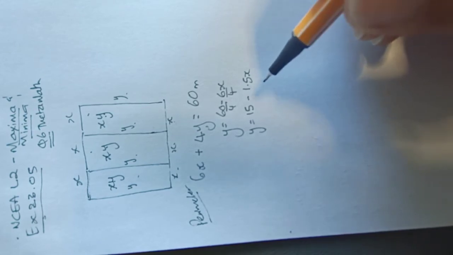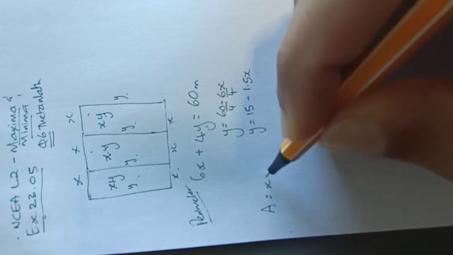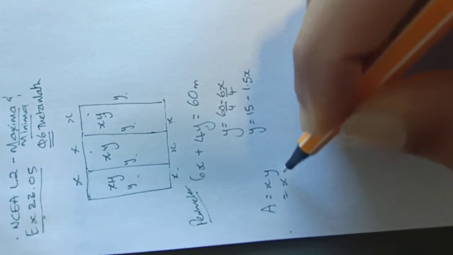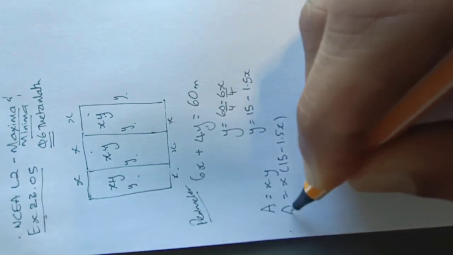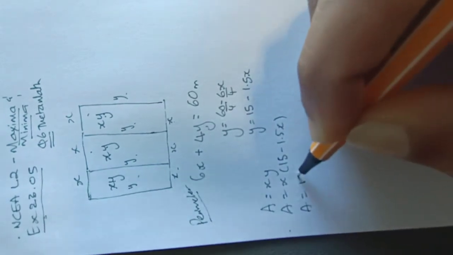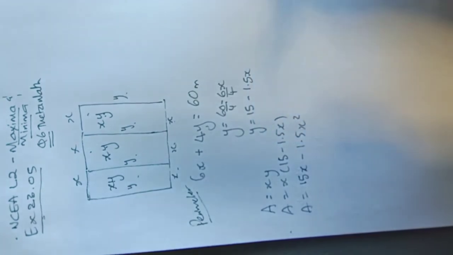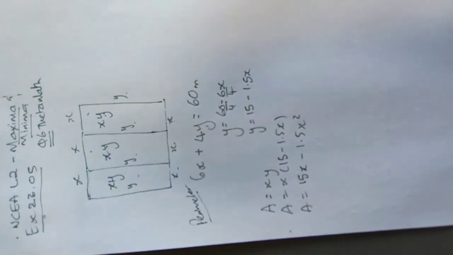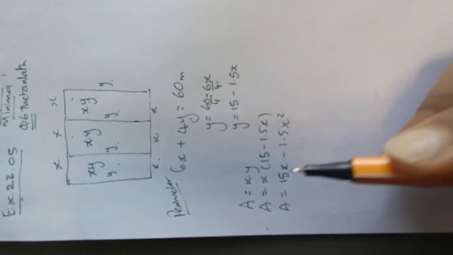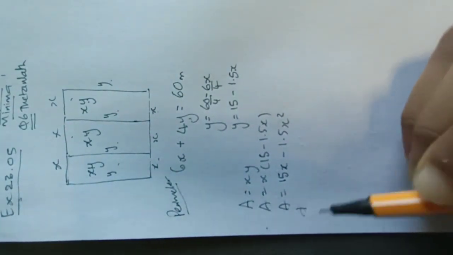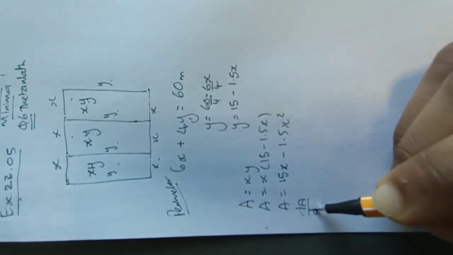What I can do now is represent the area, which is xy, as x multiplied by 15 minus 1.5x. I can then multiply this in, and I get 15x minus 1.5x squared. And he wants to maximize the area, so we have to find the derivative of the area with respect to x and make it equal to 0.